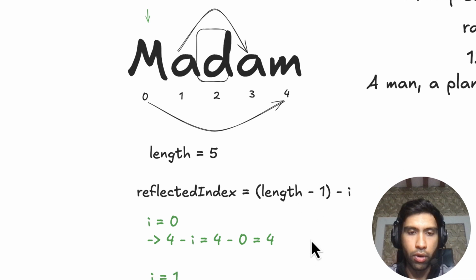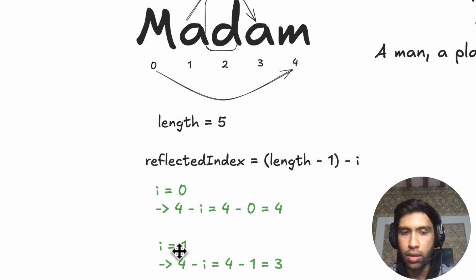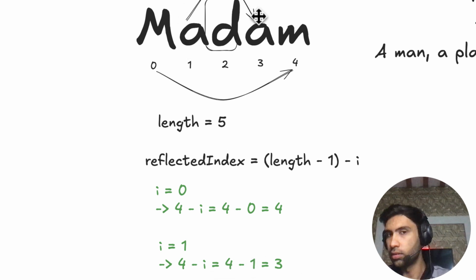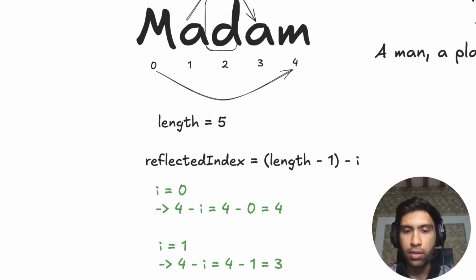Same for i equal to 1. So 4 minus 1 is 3. So the reflective index of 1 is 3. And then the same for 2. 4 minus 2 is equal to 2. And 2 is obviously a reflection of itself. Then let's say that we go past this midpoint to the index 3.